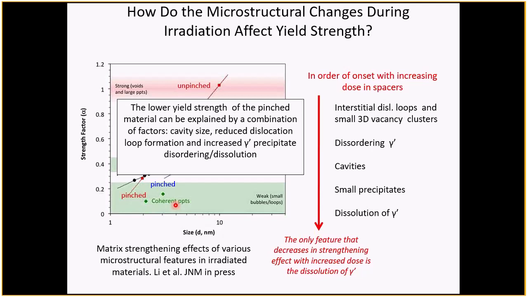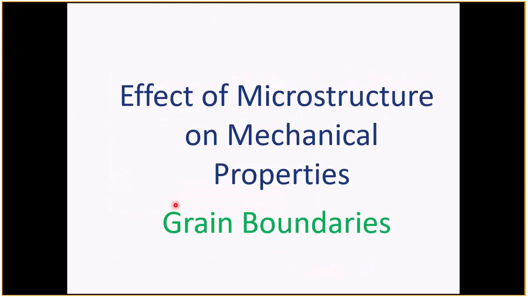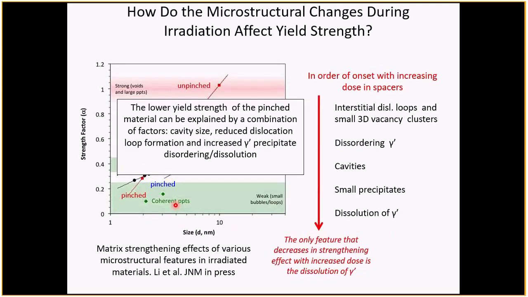So the lower yield strength can be attributed to a number of different things, but mostly I think it's the dissolution. It's the dissolution that is the most important.